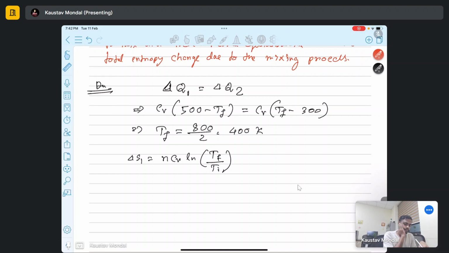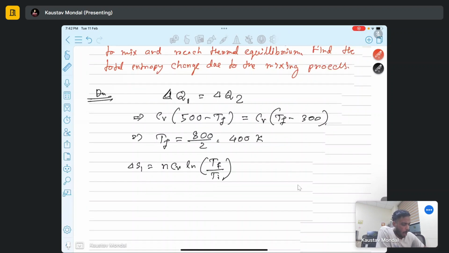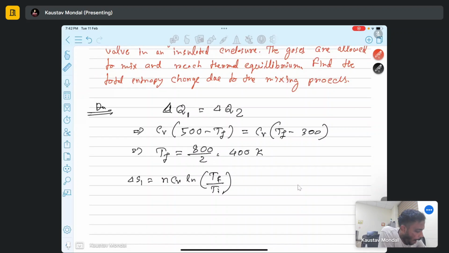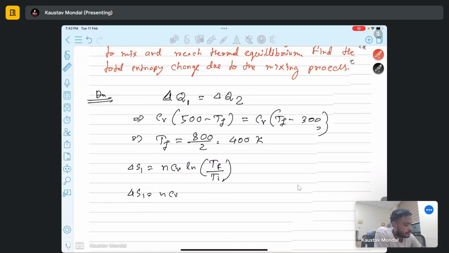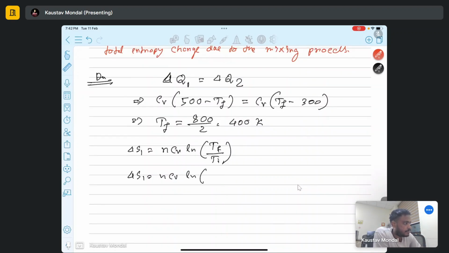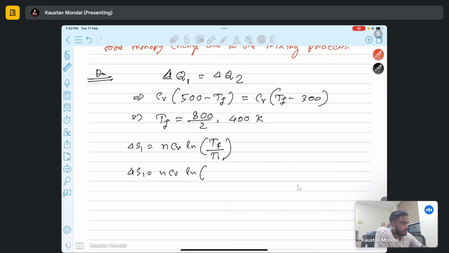So delta S1 will be nCV ln, with TF being 400 and TI being 500.